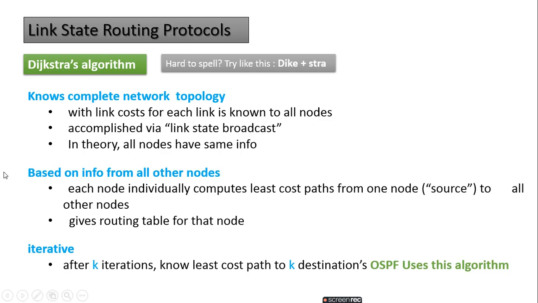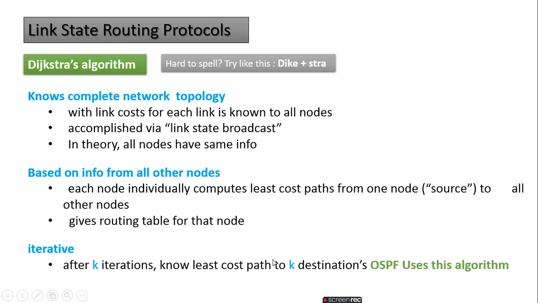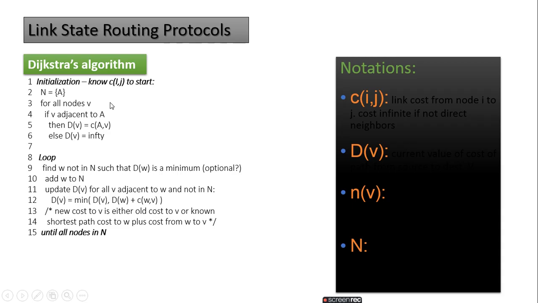And Dijkstra's algorithm is iterative. Iterative means it runs a number of rounds, let's say k iterations. After k iterations, each router knows the least cost from the source to every destination. So this is Dijkstra's algorithm given as pseudocode.